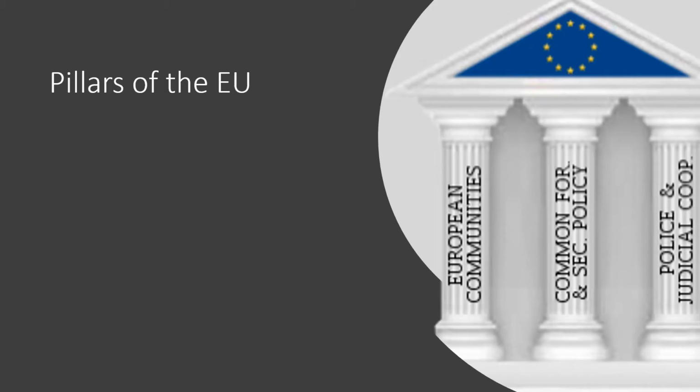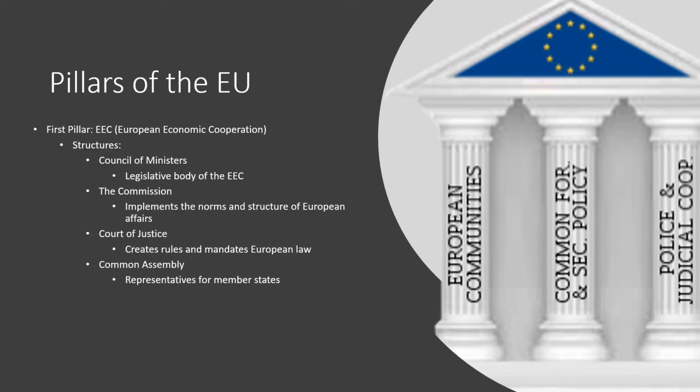So here's some background on essentially what the structure of the European Union looks like. They go into three different types of pillars. The first pillar is the EEC, as I mentioned earlier, which is the European Economic Cooperation. Essentially, this has the following structures. Of course, most of them are centered around economic or political changing or governance.